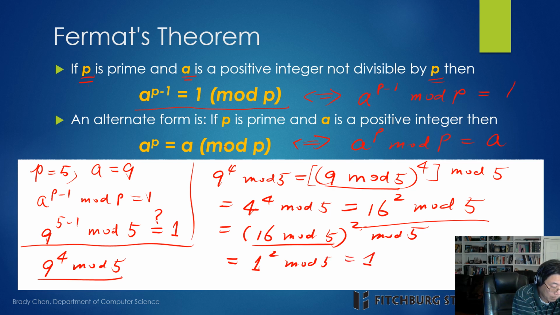So it is a 1. Yes, this is a 1. So we verify that for a particular prime number p and a particular number a, p is 5, a is 9, then Fermat's theorem is true. We can test the alternative form, and it's also true.